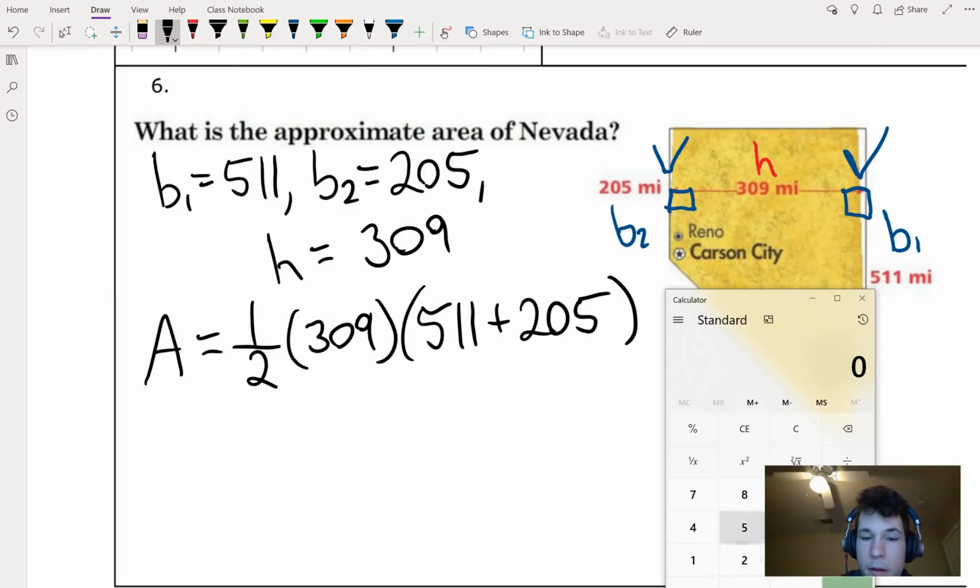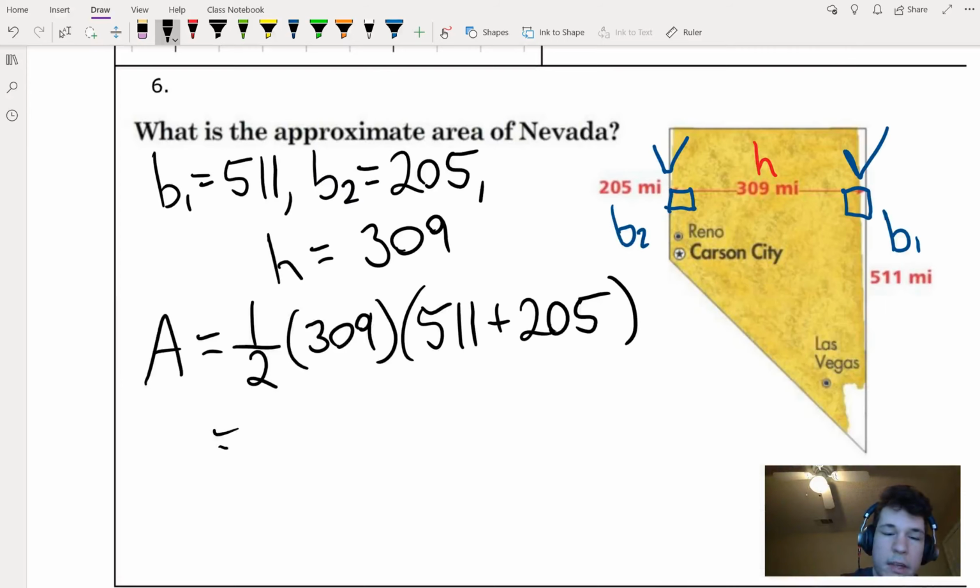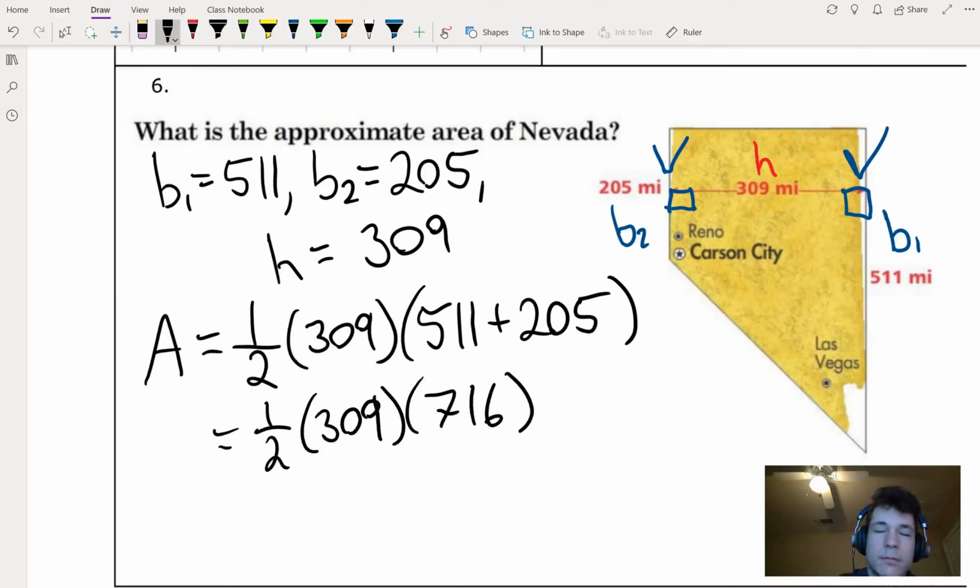Let's see. 511 plus 205 is 716. So once again, I'm just making this a little easier to type in: 1/2 times 309 times 716. In the calculator I'm going to take 309 times 716 and divide the whole thing by 2, in that order.